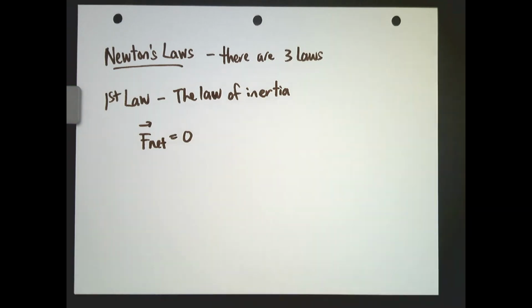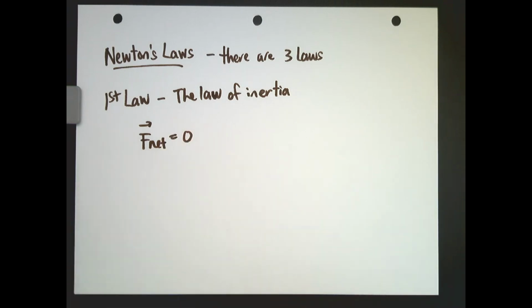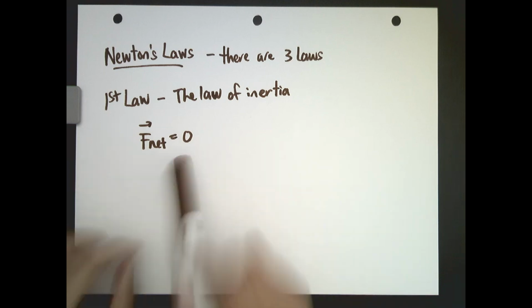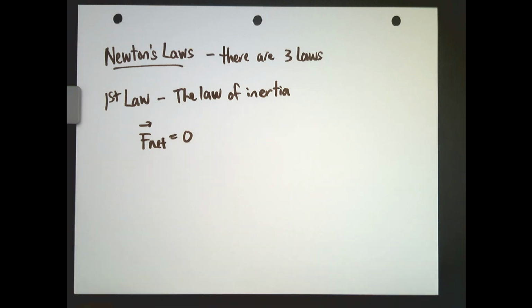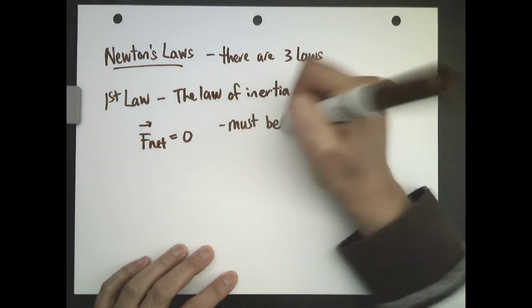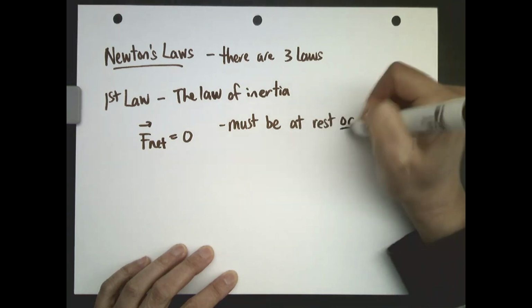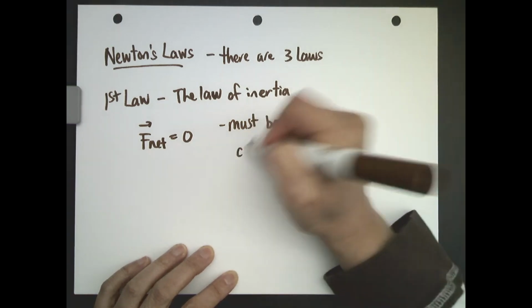So all of the forces are balanced, or there's no one stronger force than the other, and therefore F net is equal to 0. So as a result, the object either must be at rest, or, this is really important, at constant velocity.